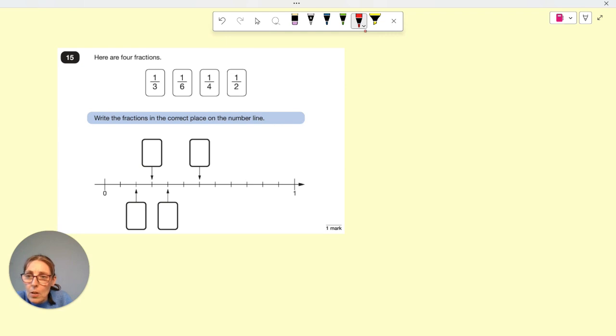So we've got 1, 2, 3, 4, 5, 6, 7, 8, 9, 10, 11, 12. 12 sections.